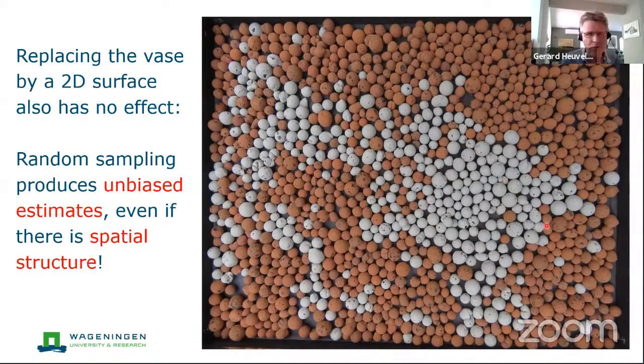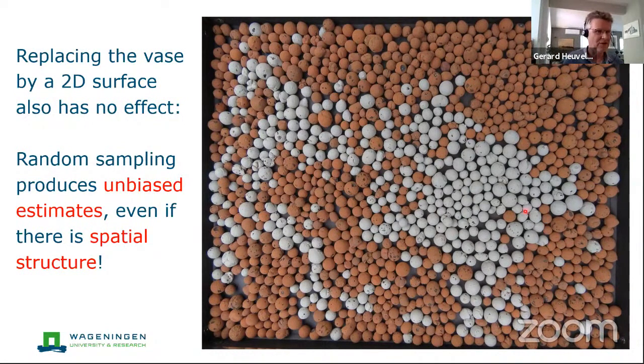Even if every ball had a number written on it, like the error in your map at that location, or maybe the squared error of your map at that location, we could estimate the mean error and the mean squared error for the whole area using that random sample.